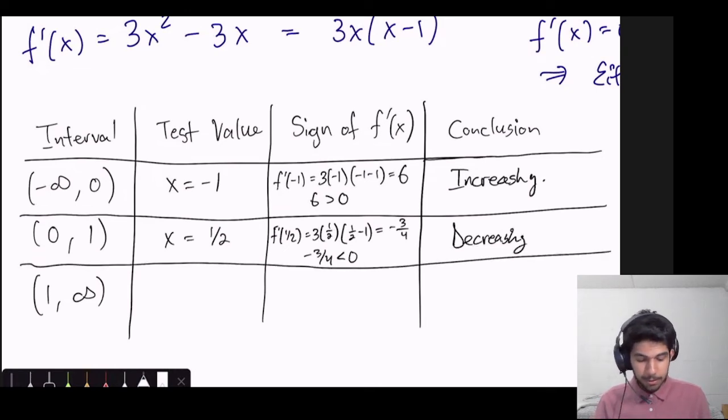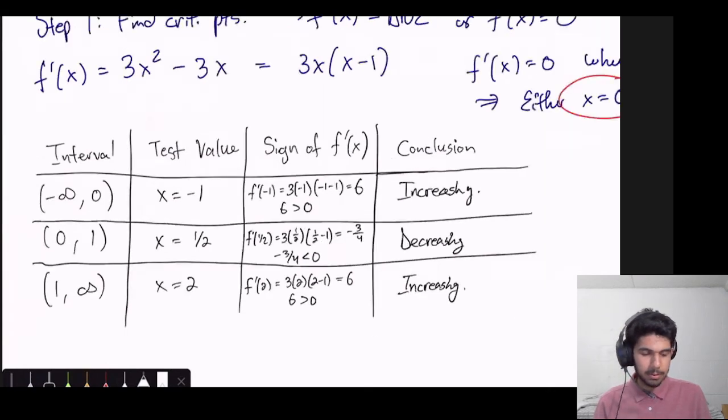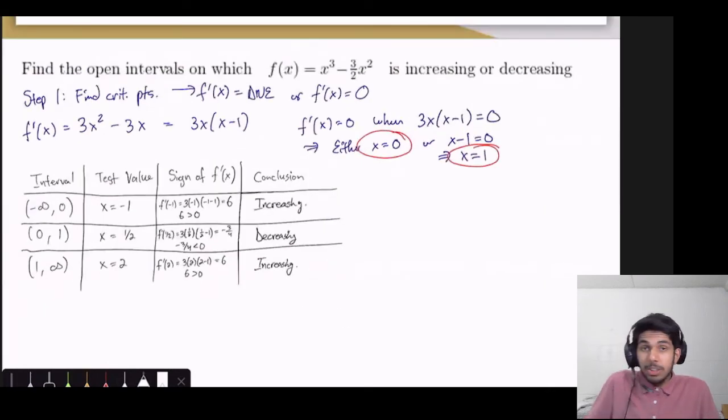And we have one more interval to account for, 1 to infinity, so I'll just choose x equals 2. Seems simple enough. F prime of 2 equals 3 times 2 times 2 minus 1. That's equal to 6. 6 is greater than 0, so it must be increasing on this interval. And just like that, we've basically finished the problem.